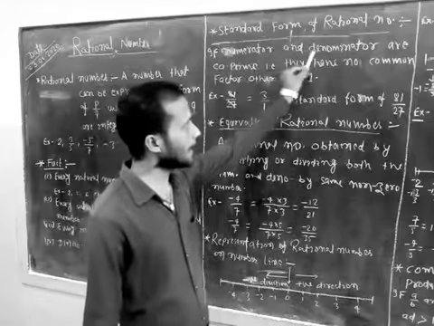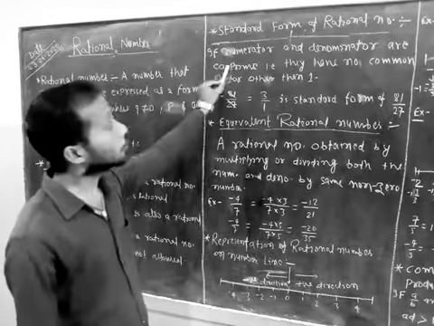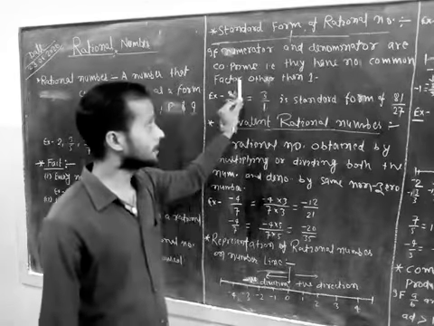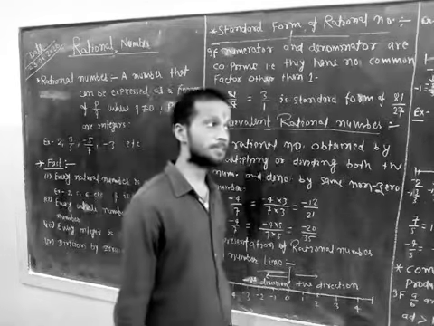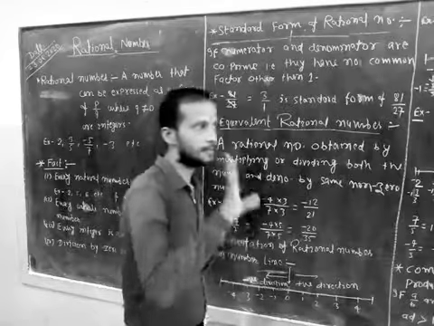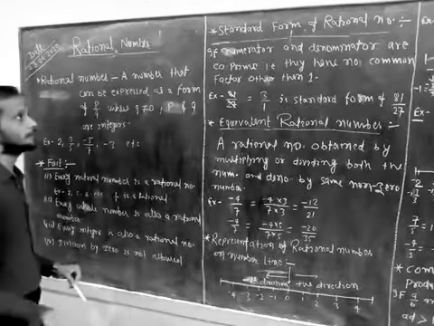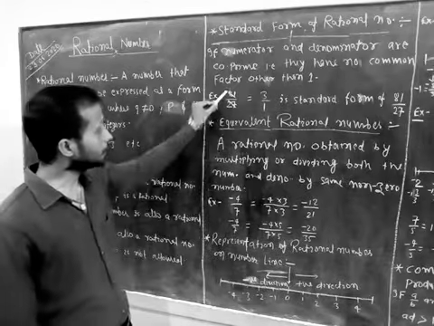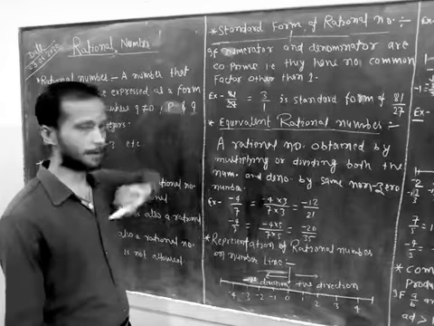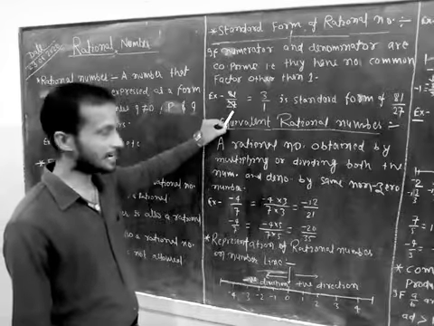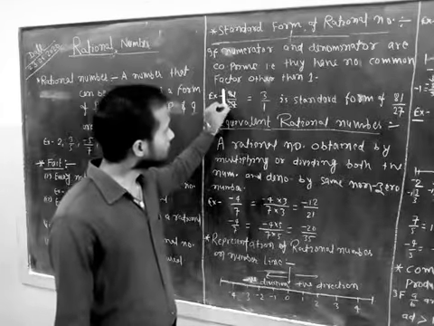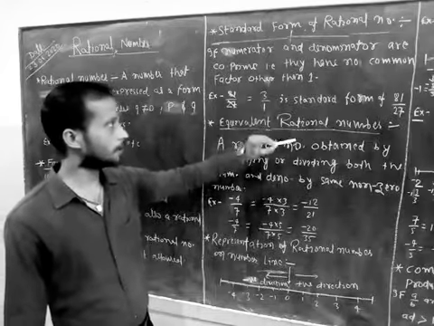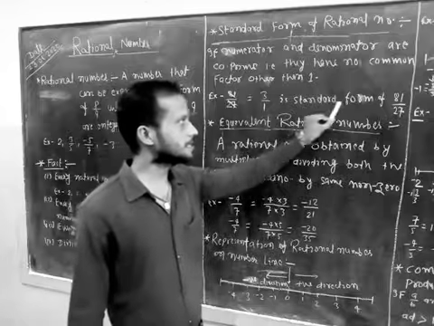If the numerator and denominator are co-prime, that is, they have no common factor other than 1, that means HCF is 1, hence it is in standard form. For example, 81 by 27: 27 threes are 81, hence it is equal to 3 by 1, and 3 by 1 is the standard form of 81 by 27.